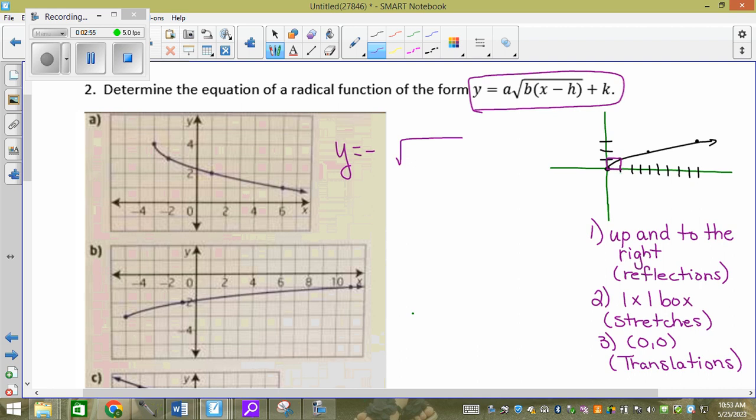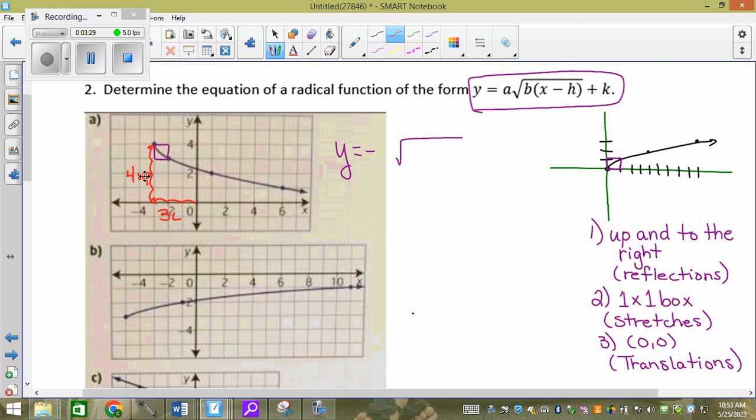Okay? 2. Is it a 1 by 1 box? That looks like the absolute value sign. Is it a 1 by 1 box? Well, let's check. Is it? Yeah, so are there any stretches? Nope. Third question. Is it at 0, 0? No, it's not. It's 1, 2, 3 to the left, and 1, 2, 3, 4 up.